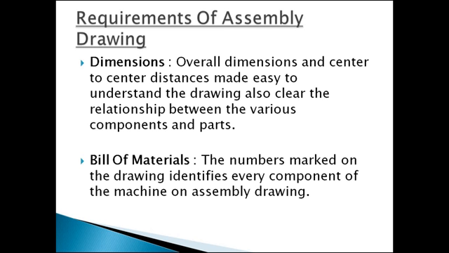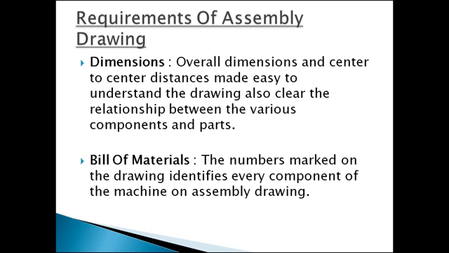What does each number mean? Whether number 1 is a pin, 2 maybe a pulley, 3 maybe a pump, 4 maybe a washer, 5 maybe a shaft. You understand what these numbers mean in the bill of material. So the bill of material, friends, is a very important thing.